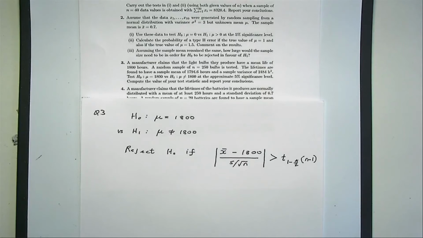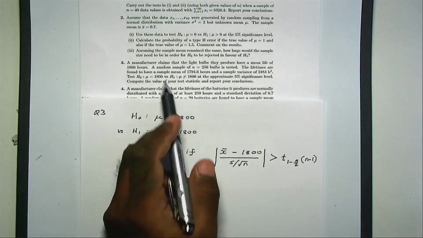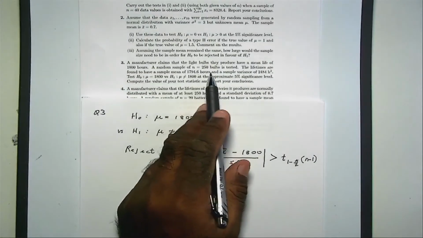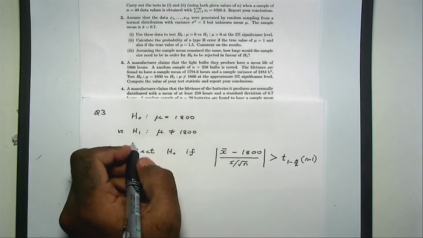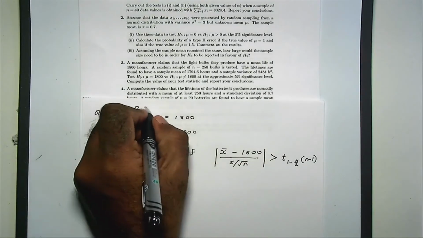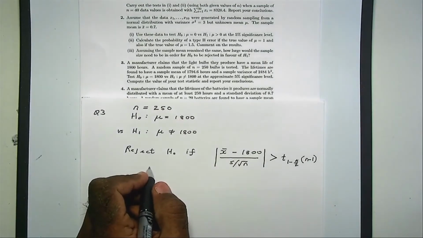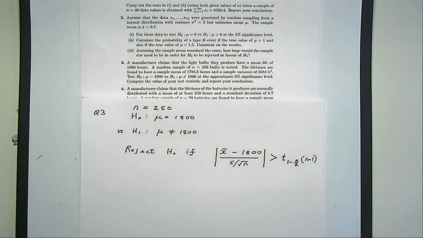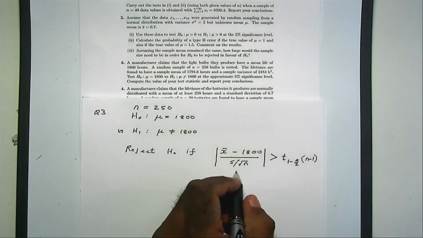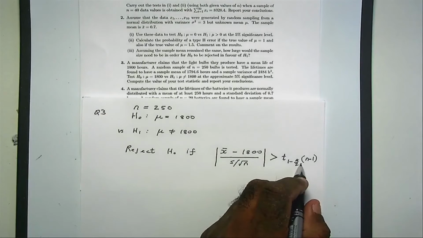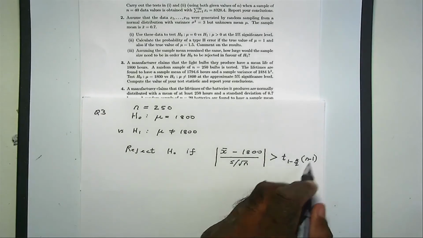But the question says that the sample size n is 250, which is a large sample size. Anything above 25 is considered large in statistics. So in that case, you can approximate the percentile of t with the percentile of a standard normal.